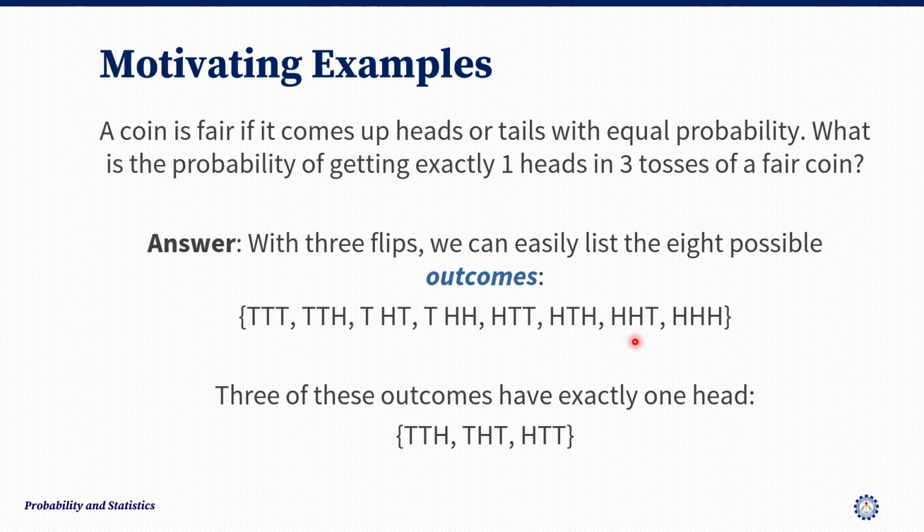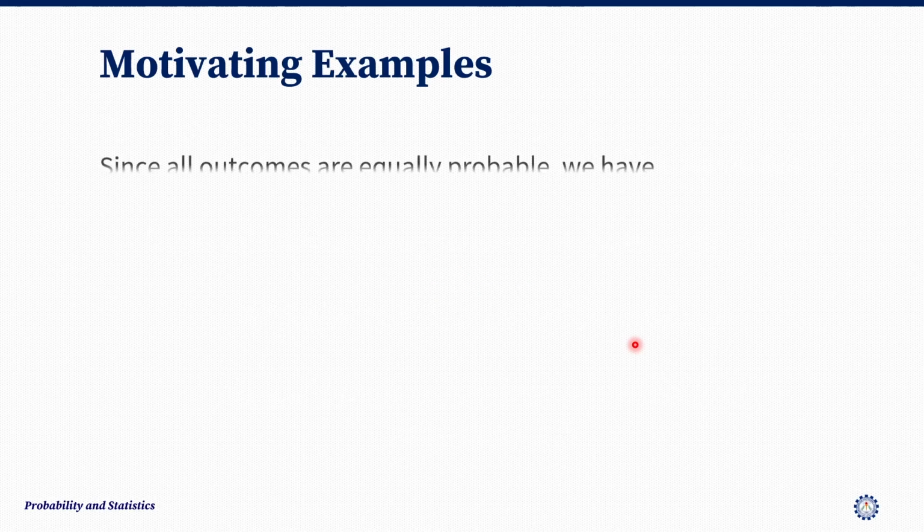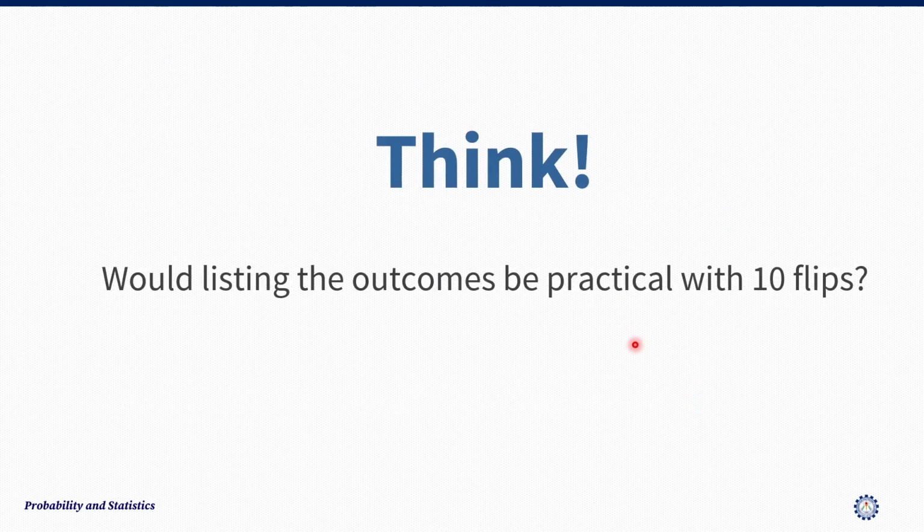If we get the probability of one tail in 3 tosses of a fair coin, we can also get 3: THH, HTH, and HHT. So that means a coin is fair, because it came up heads or tails with equal probability.